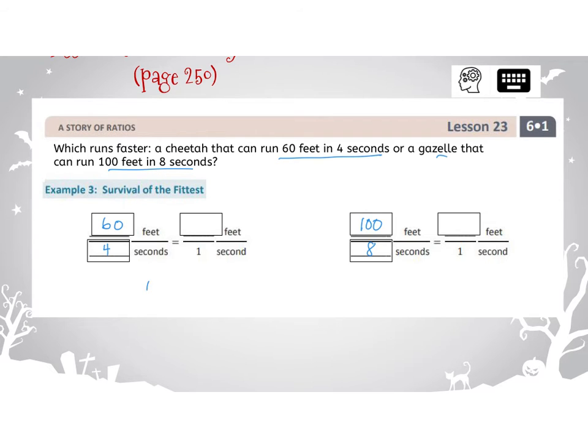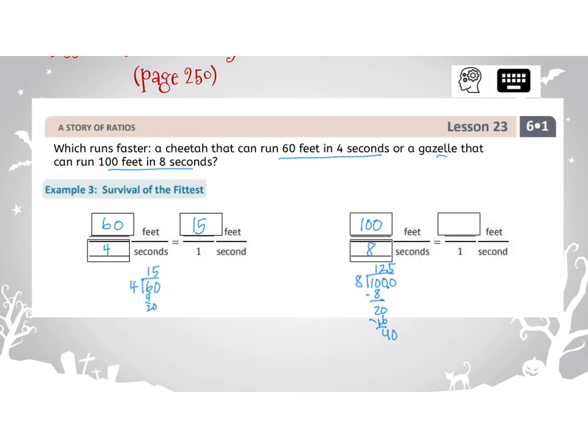So let's go. I'm going to take my numerator and divide by my denominator. 60 divided by 4 is 15, so 15 feet in 1 second. That is fast. Then I'm going to take my 100 and divide that by 8. I get 12, and then the remainder, and then 5. But I need a decimal there, don't I?